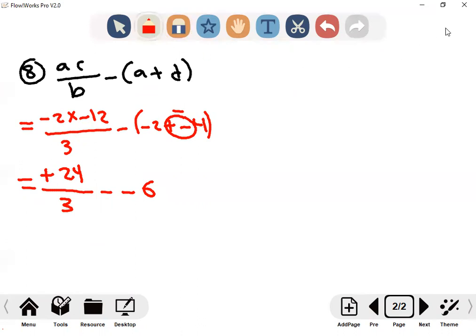Let's continue. Now these 2 negatives become plus. Now 24 divided by 3 is 8, plus 6 is 14. This is question 8.